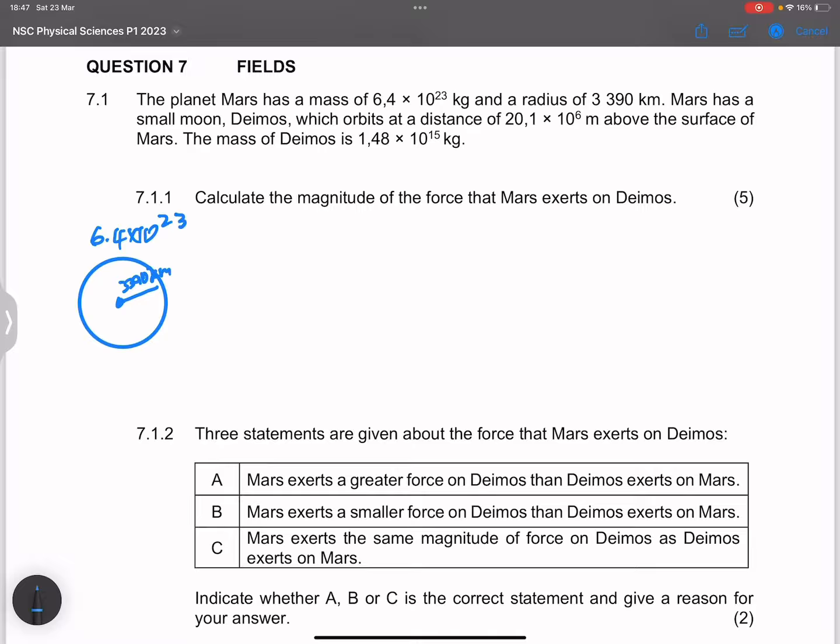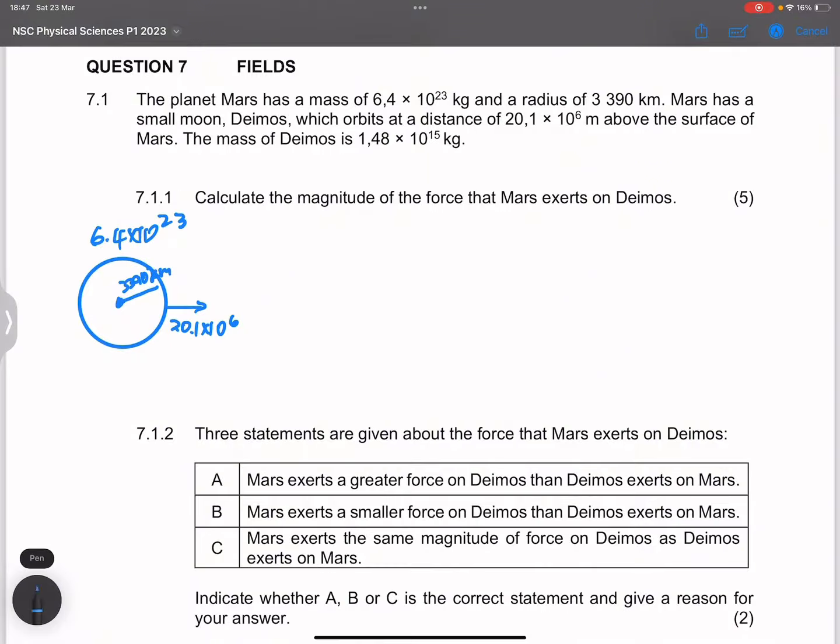In this case, the mass of Mars is given there, 6.4 times 10 to the 23, and they say Mars has a small moon. So let's say there's the moon of Mars, which is at a distance of 20.1 times 10 to the exponent 6 between the two.